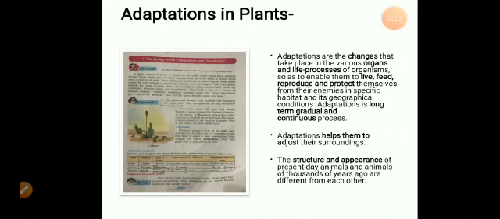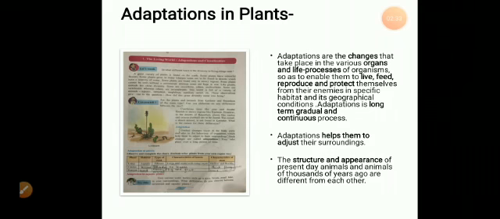Similarly, in the deserts of Rajasthan, the plants are small and they have spines or thorns, like the cactus and the acacia or the babool. Similarly, the camel, which is a desert animal, is not found in Kashmir. Then, what are the reasons for these differences?